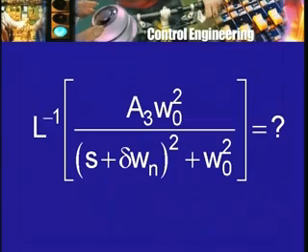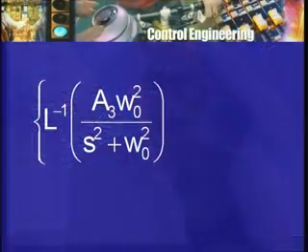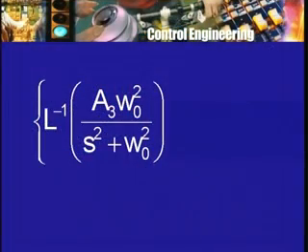So, if I know the Laplace inverse of not this but of a3 omega 0 square divided by s squared plus omega 0 square, then from that I can obtain the Laplace inverse of the function of s that I have already. Now, what is the Laplace inverse of this? Once again, this is something which all of us ought to remember. The Laplace transform of sine omega t is omega square divided by s squared plus omega square.